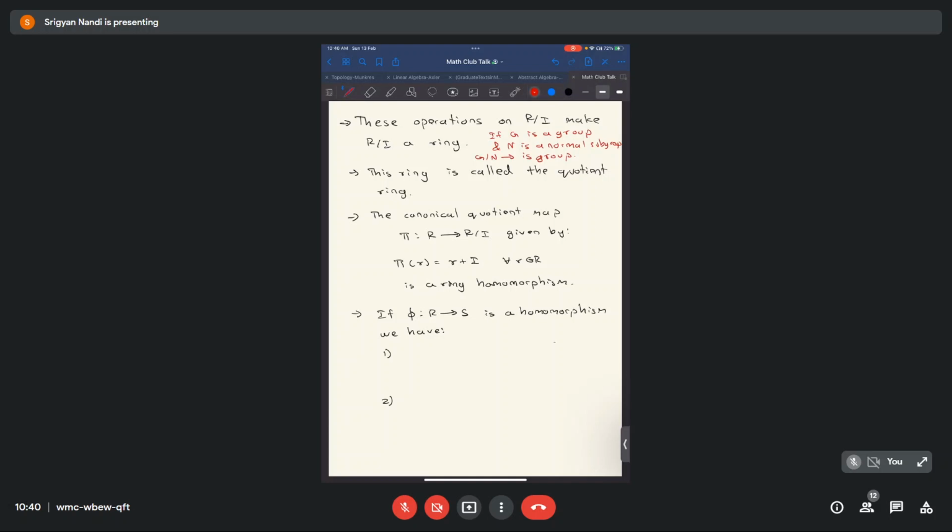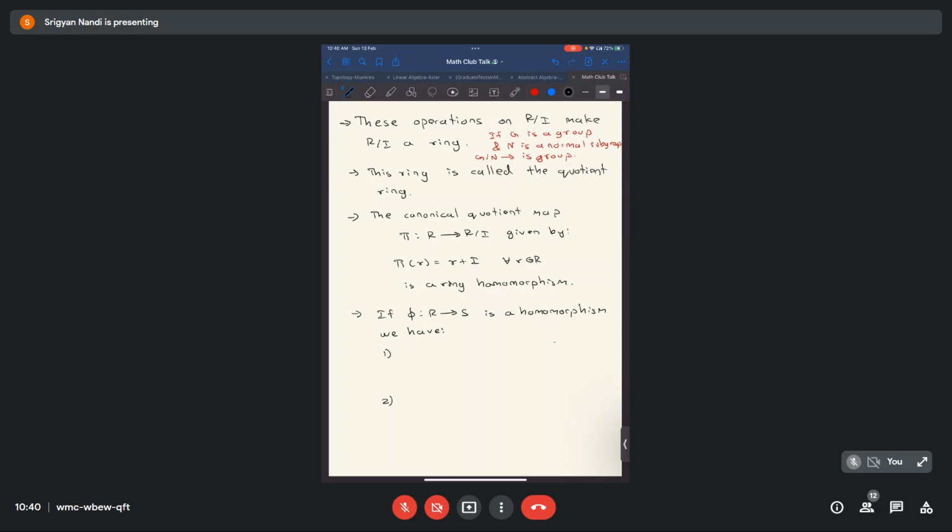The canonical map, which is always denoted with the letter pi, takes R to R by I by taking every element r of R to the shift of I by that very element r, a pretty natural map to have. So at this juncture, we again just state two elementary results without proving them.